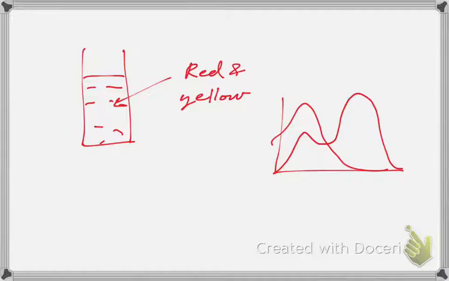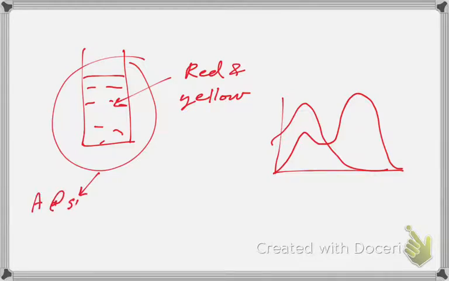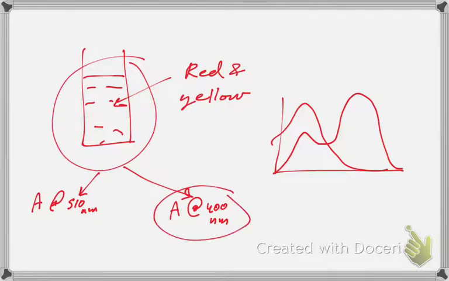And what you accomplished in part 3 was the measurement. You took this mixture, the unknown, and reported the absorbance at 510 nanometers and also at 400 nanometers. So now you have your unknown absorbance at both wavelengths.